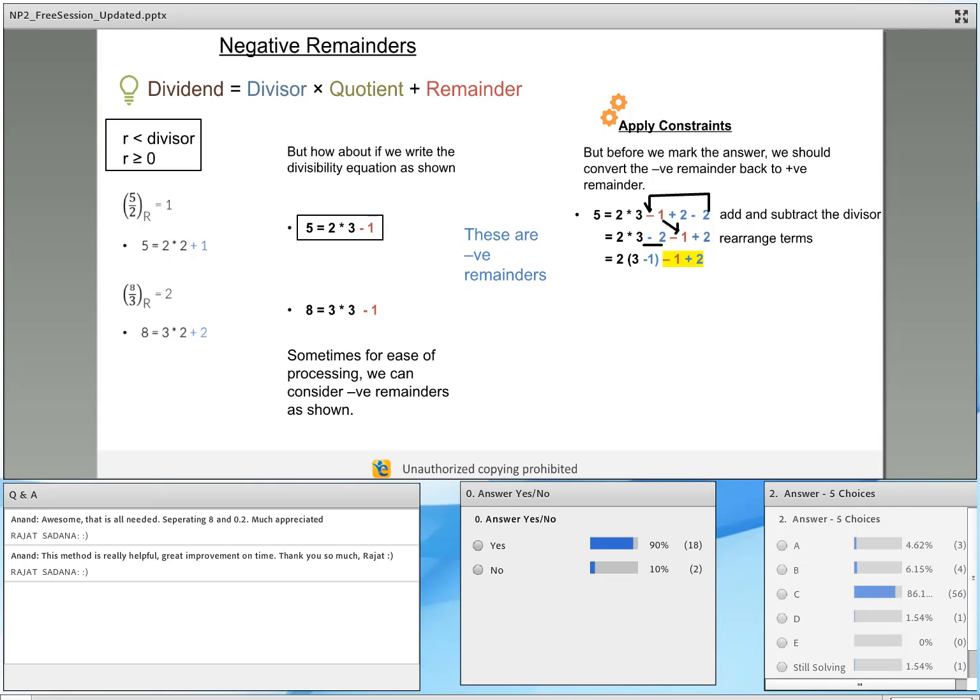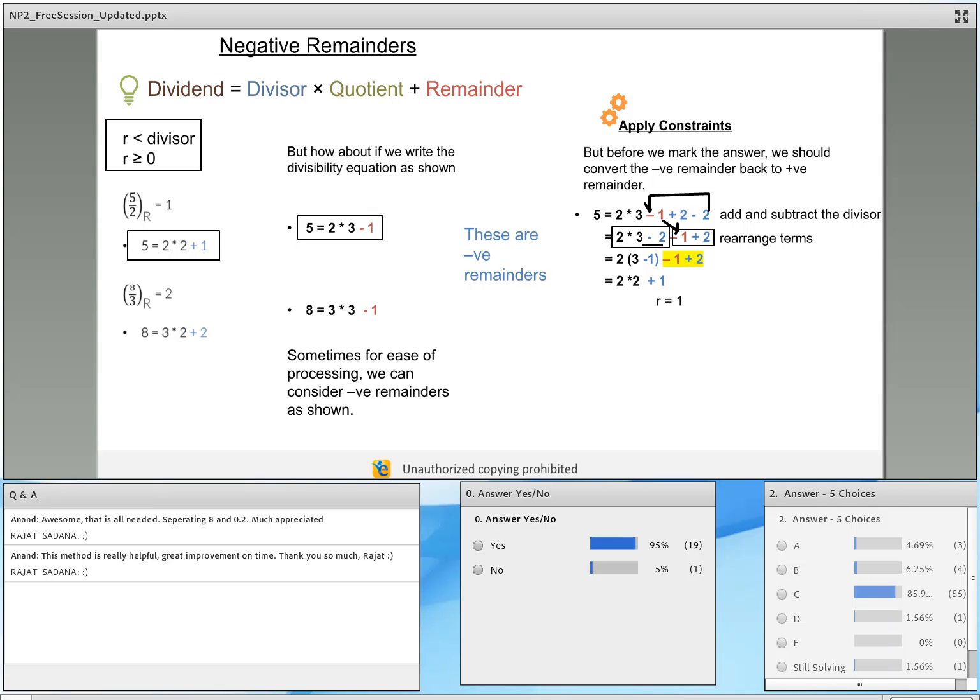How I got 3 minus 1 is I took these 2 parts over here, took 2 common, and you got 3 minus 1. Then I combined these 2 parts to get minus 1 plus 2. That's all there is, which means 2 times 2 plus 1, which is the same thing, and you get remainder as 1, which is what we got over here if you think about it.